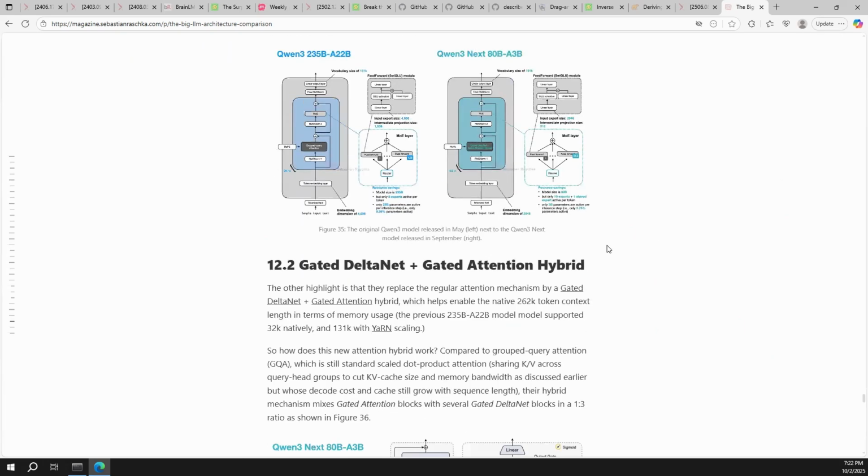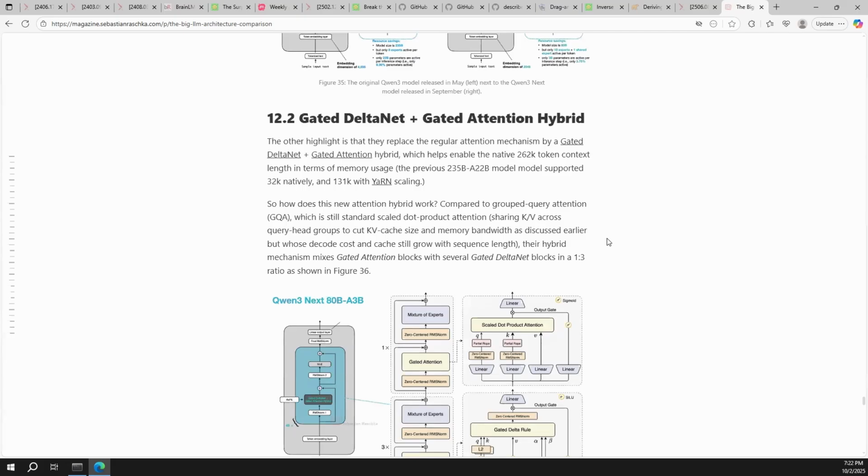So what else does he say? So gated delta net, gated attention hybrid. In this model, they replaced the regular attention mechanism by a gated delta net plus gated attention hybrid, which helps enable the native 262K token context length in terms of memory usage.